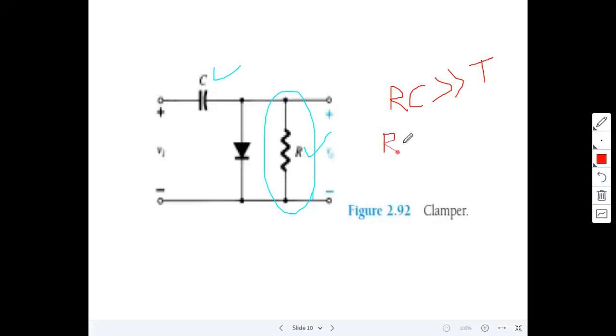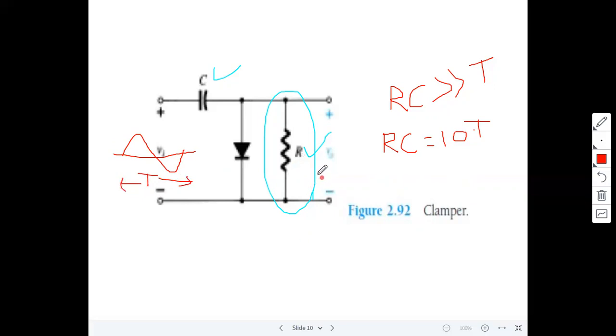Preferably the product R into C is greater than 10T, worst case 10T, where capital T is the time period of the input signal.